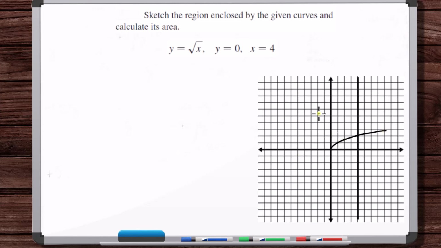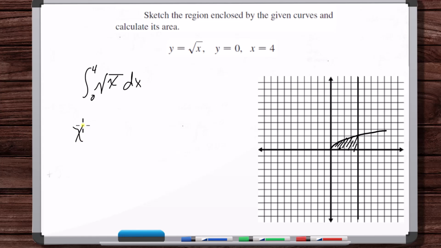So it's the region enclosed by the x-axis, that's y equals 0, x equal to 4, and the curve y is equal to square root of x is this area. What's that area? Well, if we're going to calculate this area, you go from the definite integral from 0 to 4, square root of x dx. Okay, what's the antiderivative of square root of x?